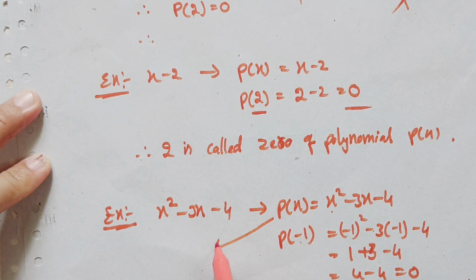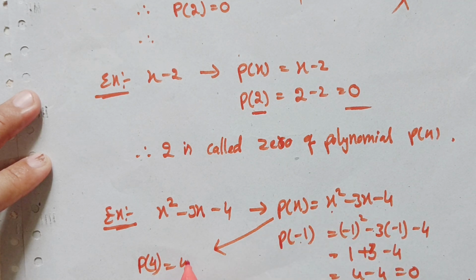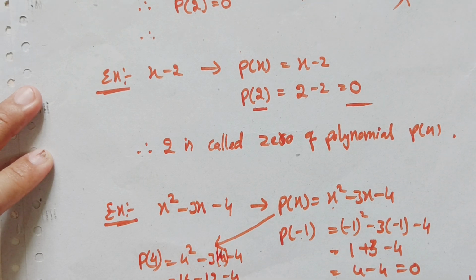So let's check with another number. In the same equation I am putting p of 4. Now I am taking 4 in the place of x. Then what happened? 4 square minus 3 into 4 minus 4. 4 square means 16, minus 3 fours 12, minus 4. 16 minus 16 equal to 0.